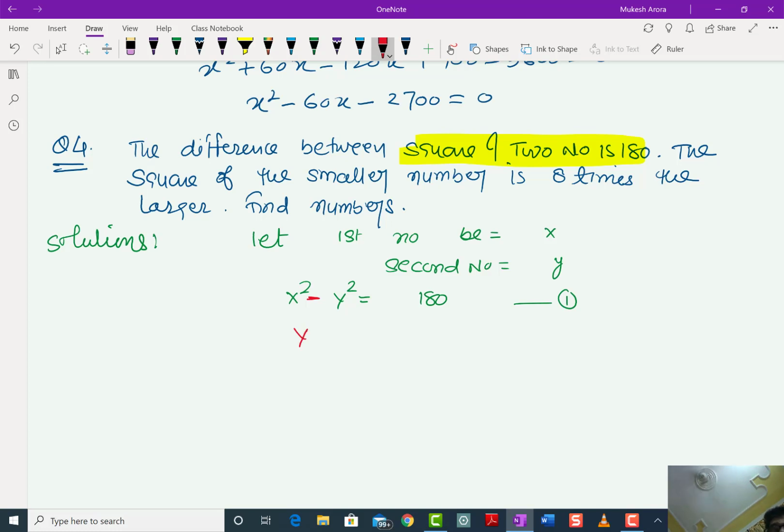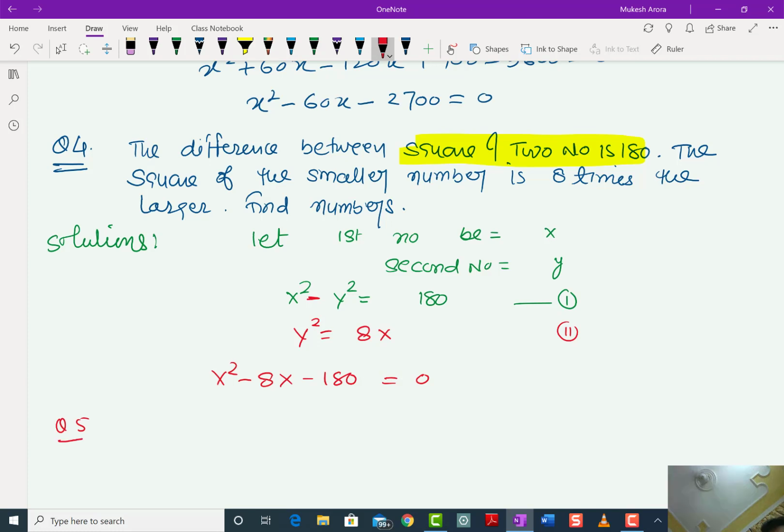The square of the smaller is 8 times the larger. This is equation 2. Substituting, x square minus 8x minus 180 is equal to 0. You will find from here x and y both.